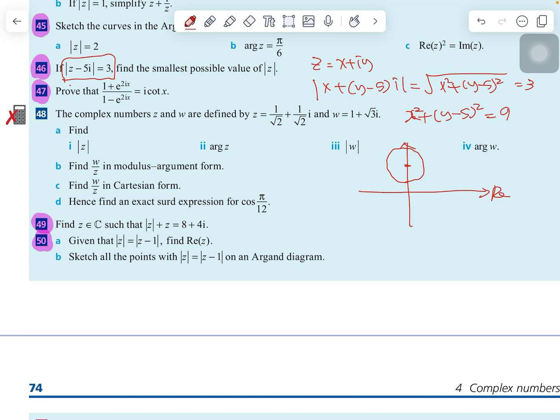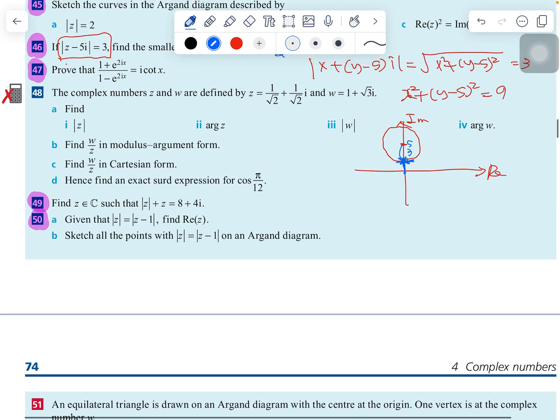But this is asking us about the possible modulus of z, which is the distance from the origin for this circle. The smallest one is the closest to the circle. If we try to go further, all are longer than the first suggestion. So this is the shortest. Since the radius was 3, this was 5, so the shortest one is 2.